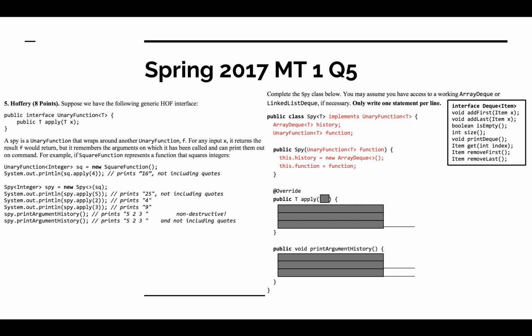What would we take in as a parameter for apply? Yeah, since we're using T as the generic value here, it's of type T, and then call it whatever you want. So we can call it T x. And then what do we have to do inside the apply function? What's the first thing we should do?